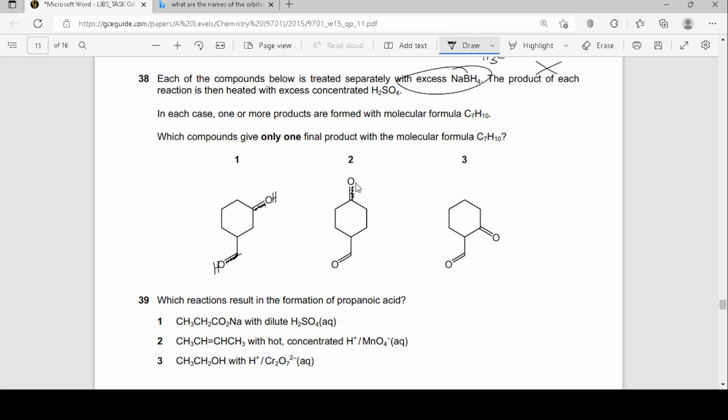Again, over here I will also get OH, and again OH here, and this will also become OH. So they're all reduced. Because NaBH4 is strong enough to reduce them, though it's not strong enough to reduce carboxylic acids. Now the product of each reaction is then heated with excess concentrated H2SO4, which basically means you are dehydrating the alcohol into an alkene.